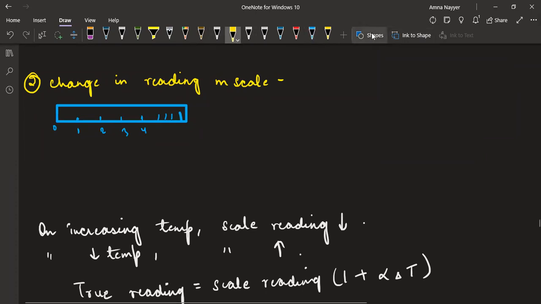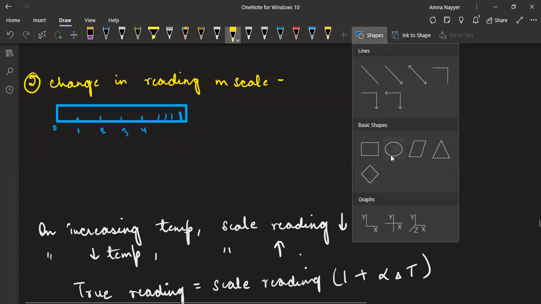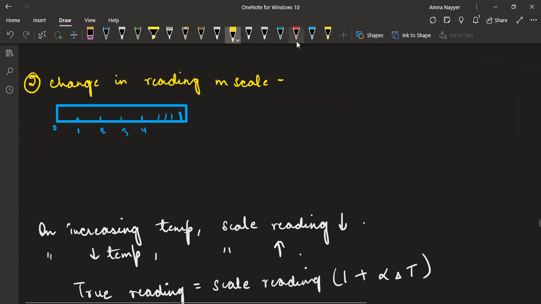Fine. Now I have taken an object, let's say this object, and how much does it measure? This measures 4 units. Let's say 4 centimeters or something.